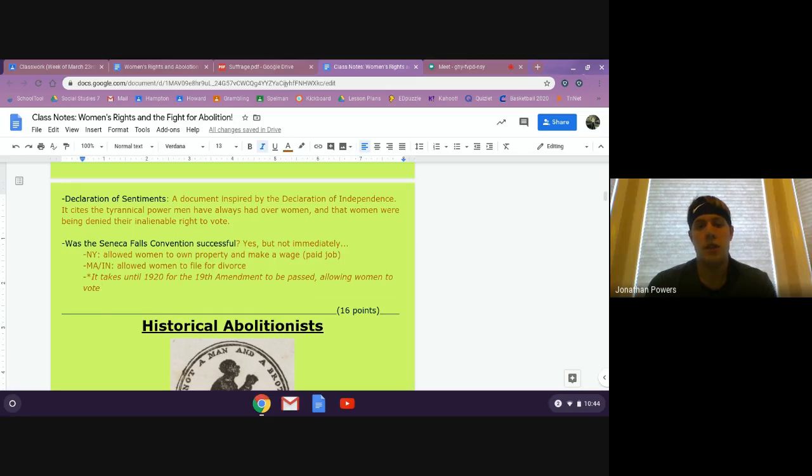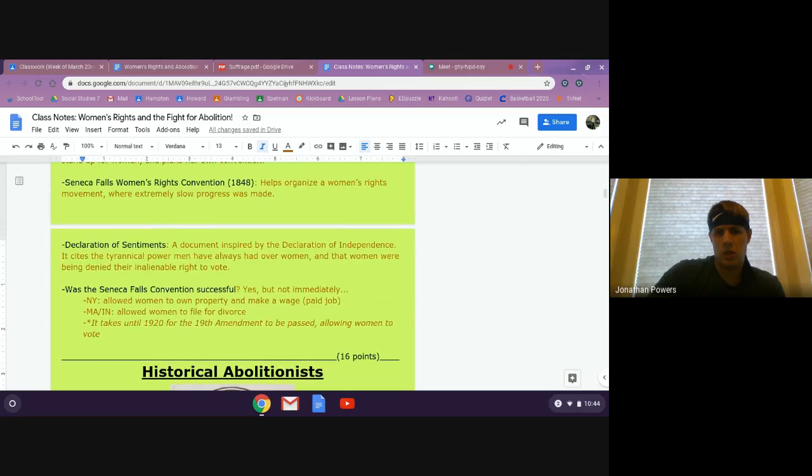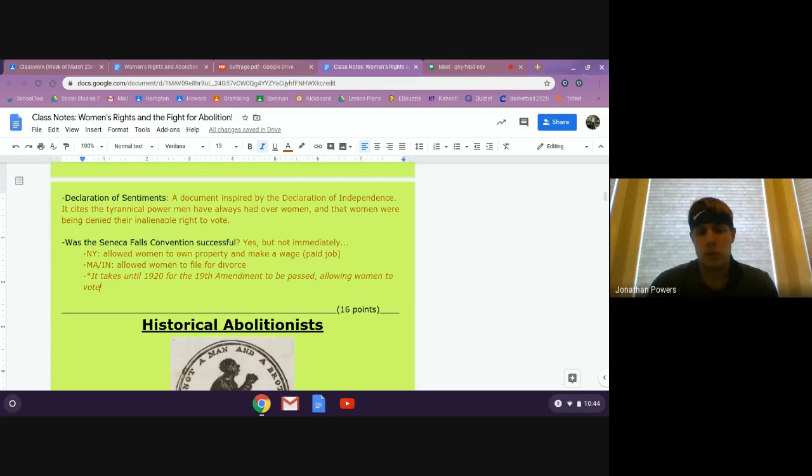In Massachusetts and Indiana, a woman is allowed to file for divorce. Also kind of weird. But it does take until 1920 for the 19th Amendment to be passed, which is a woman's right to vote. Again, let's do the math here, 72 years after the Declaration of Sentiments was written and presented, which is kind of messed up.